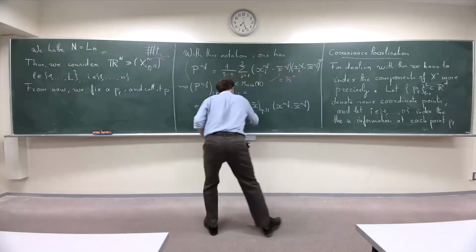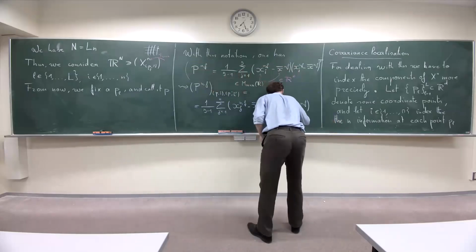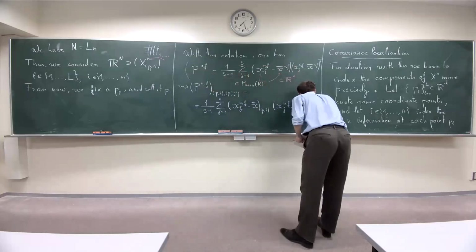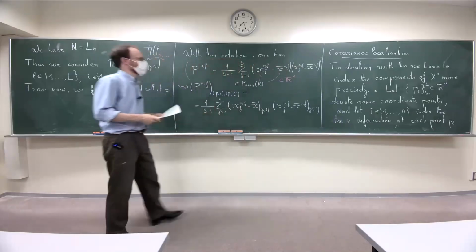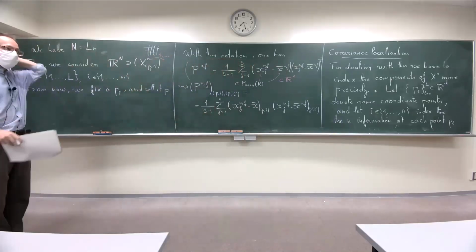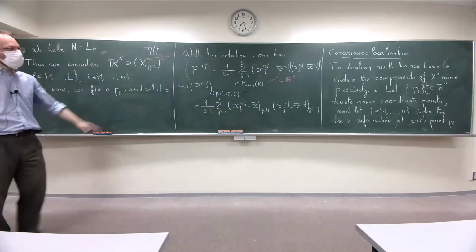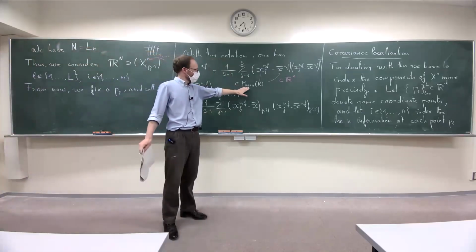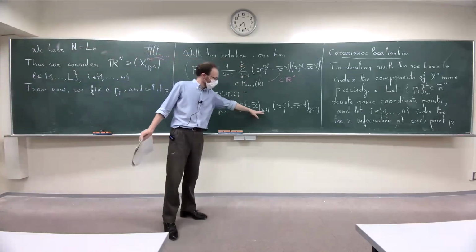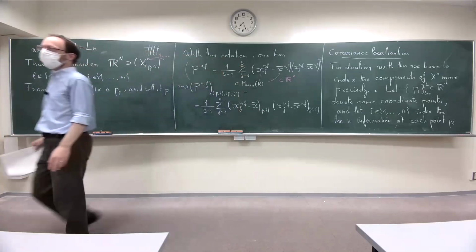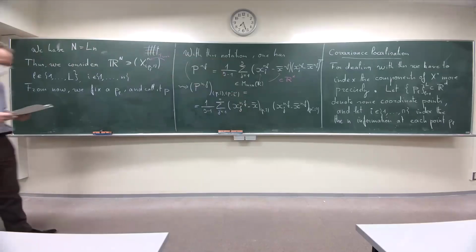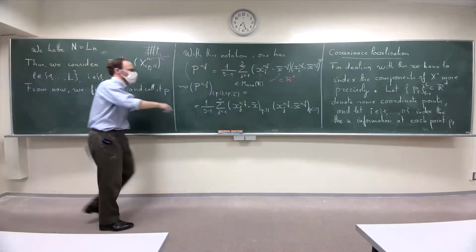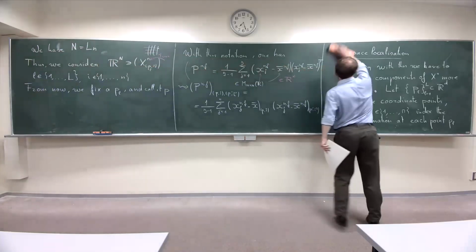Oh no, sorry, I have to put J here. So now the index, which was an element from 1 up to capital N, is a pair P i and P i prime. Just be careful about this. It's the same object, but the indexation is slightly different.